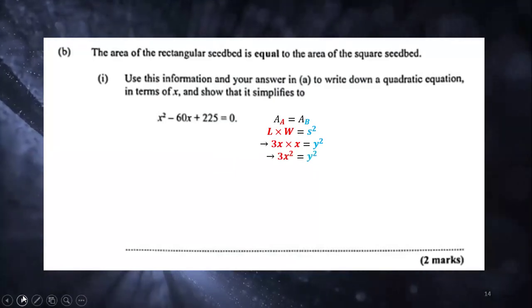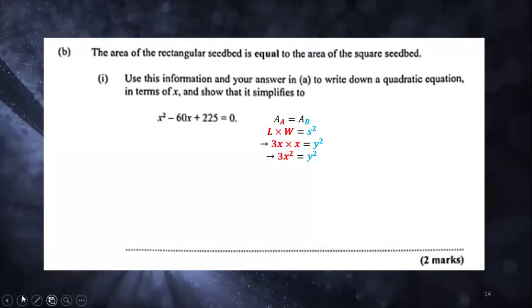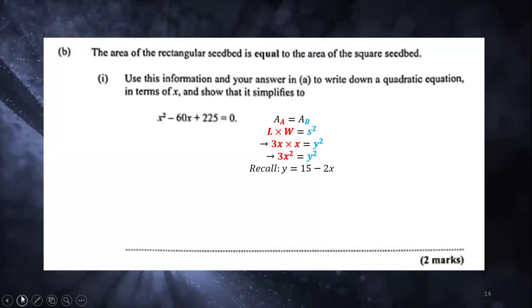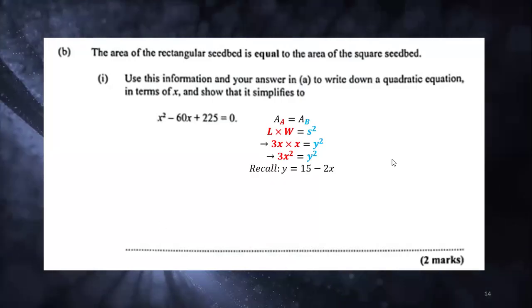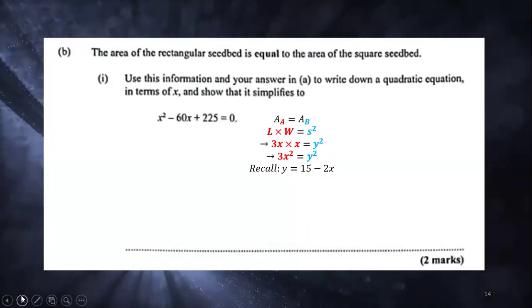However, remember we know from your answer to A that y was what? Y is 15 minus 2x. So all we need to do is replace y squared and set this side equal to this side. But let's look closely at y squared first. That might be more involved.